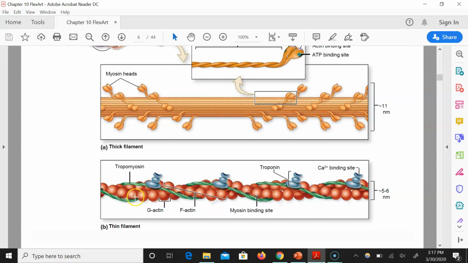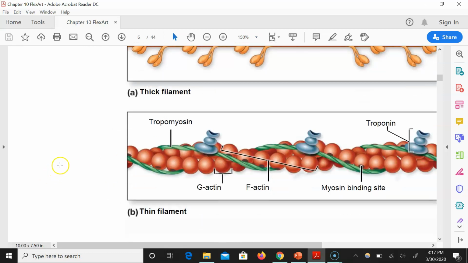Okay, on actin, I'm going to zoom in a little bit closer. On actin, see that little darker colored area on the actin molecule. That's called an active site, or what they say here, a myosin binding site.